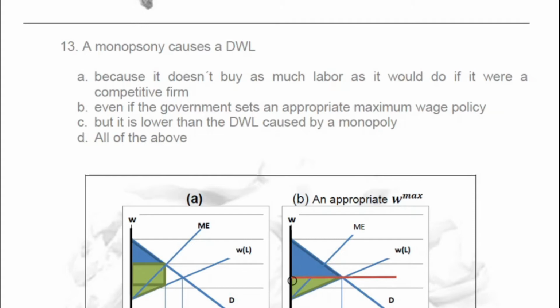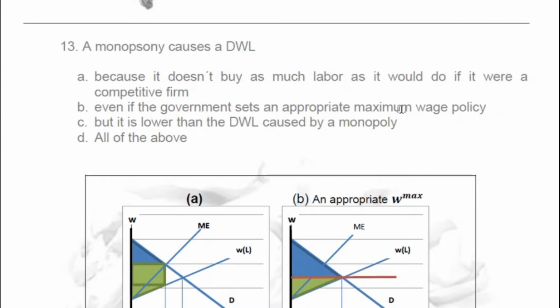Okay. Then, if I am forcing it to hire at higher wages, now the monopsonist could hire also these workers because it wins this little area here. Remember that now the blue area is a surplus for the monopsonist, for the firm, and this is from workers.